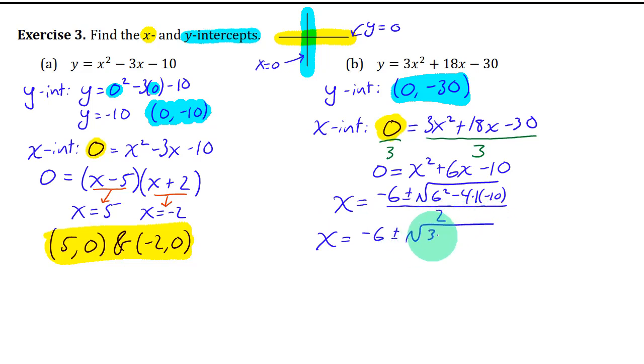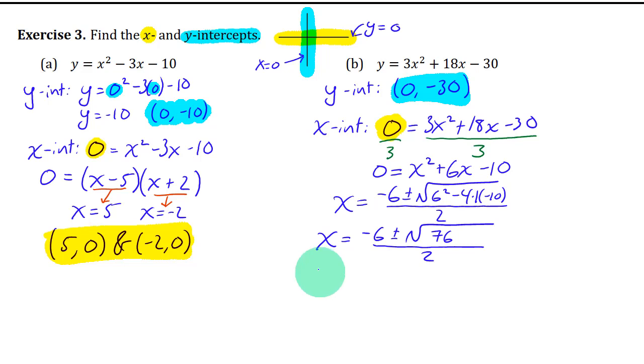Let's work this out. 6 squared is 36. Negative 4 times negative 10 is plus 40. And 36 plus 40 is going to be 76. And you could just leave it like that, I guess.